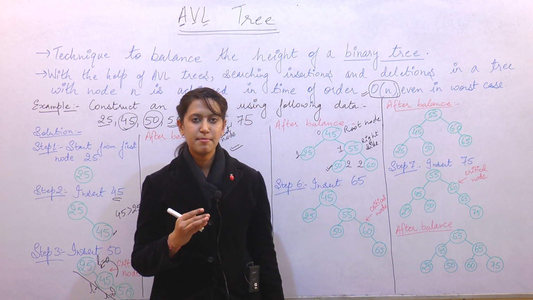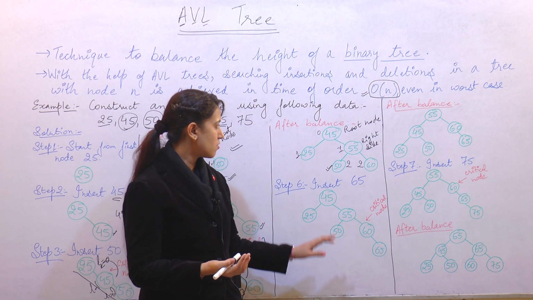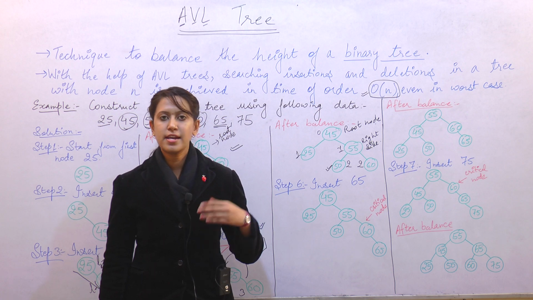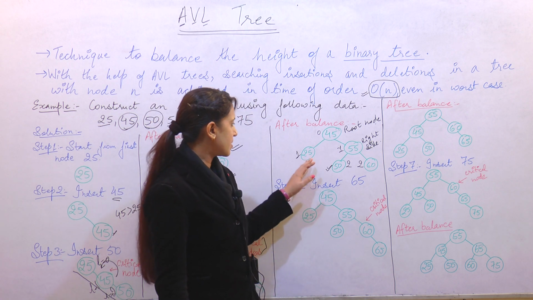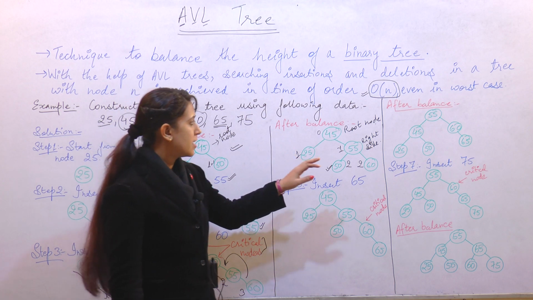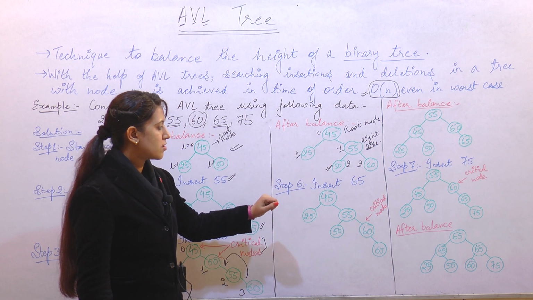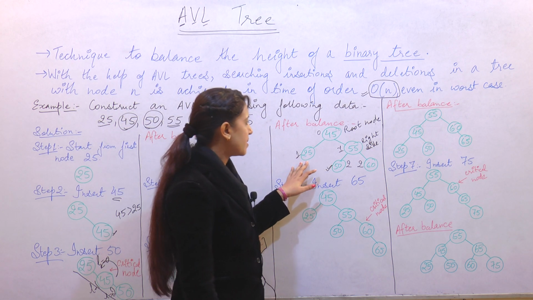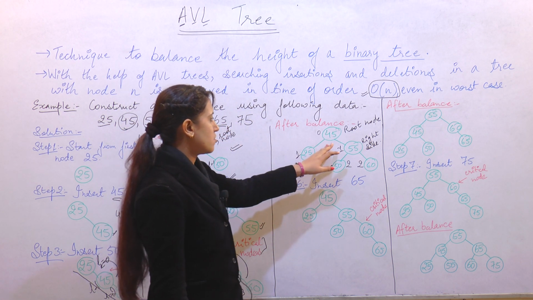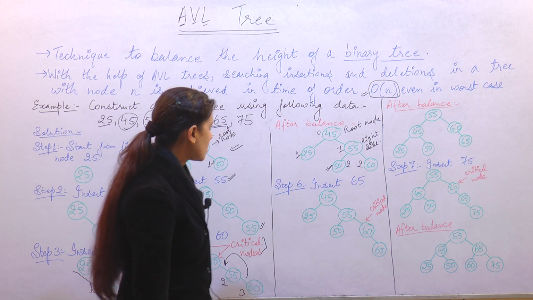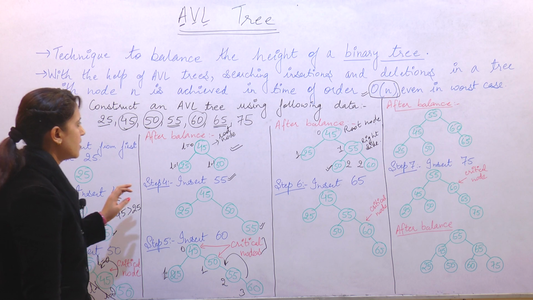If the element to be inserted is less than the root node, then we will insert it on the left hand side of the root node. And if the element is greater than the root node, then we will insert that element on the right side of that root node. So next element is 65.